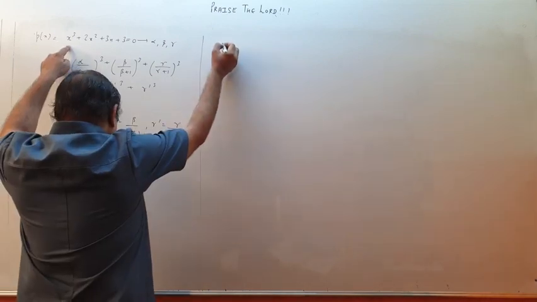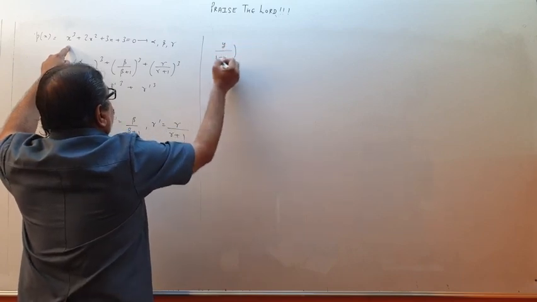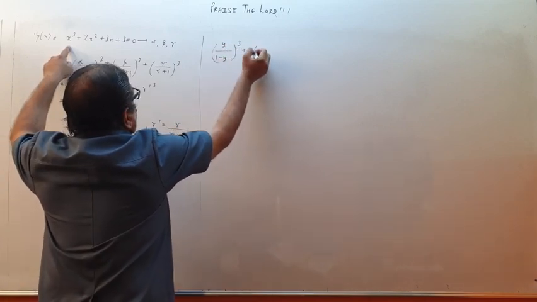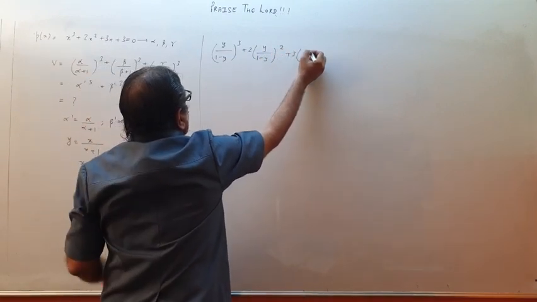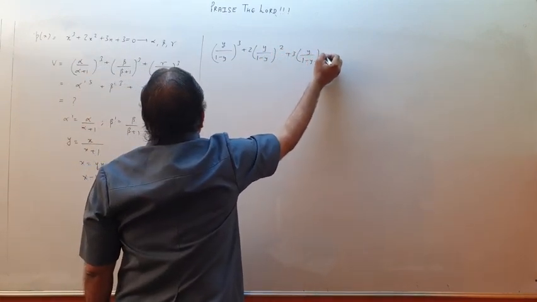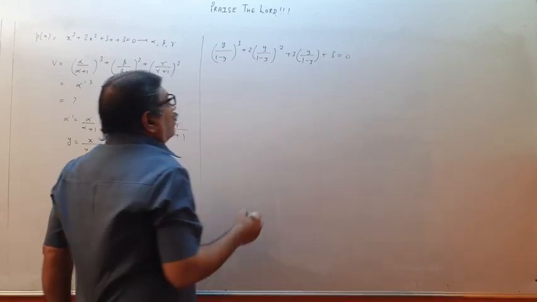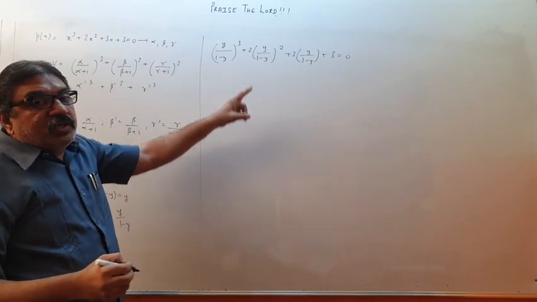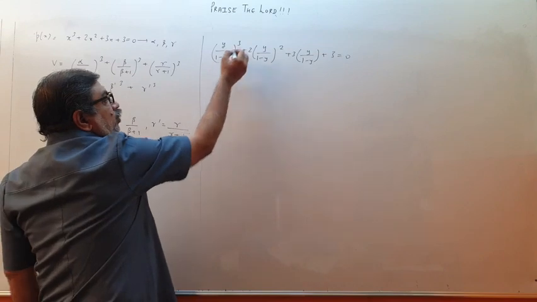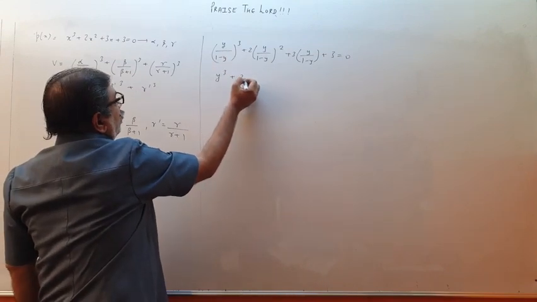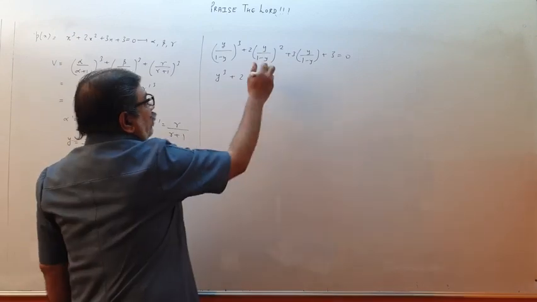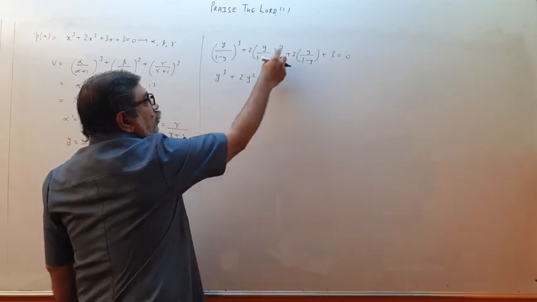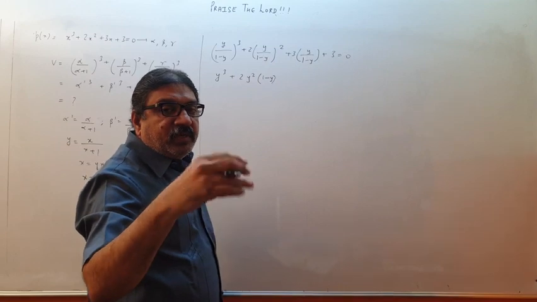So this will become y upon 1 minus y whole cube plus 2 into y upon 1 minus y whole square plus 3 into y upon 1 minus y plus 3 equal to 0. Multiply by 1 minus y whole cube. So this is y cube plus 2y square into 1 minus y, because 1 minus y whole square will go. We are multiplying the entire equation by 1 minus y whole cube.